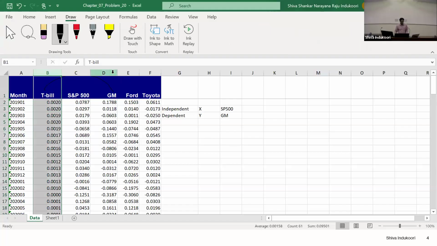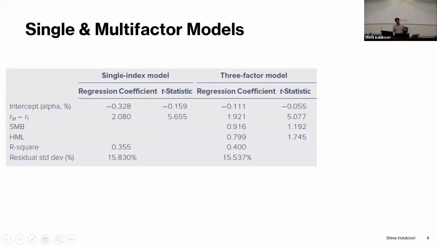This minus this is the dependent variable. And its influence on the difference between this and this. It's what we have seen. So we are discussing the same here, about single index model and three factor model.